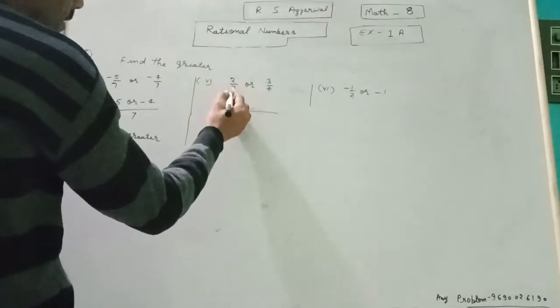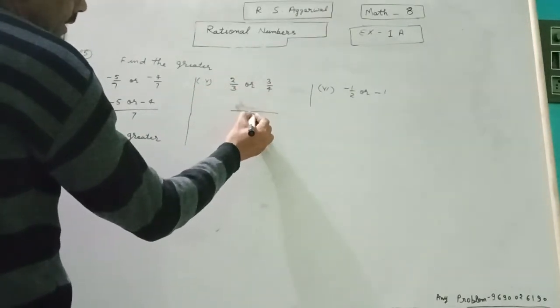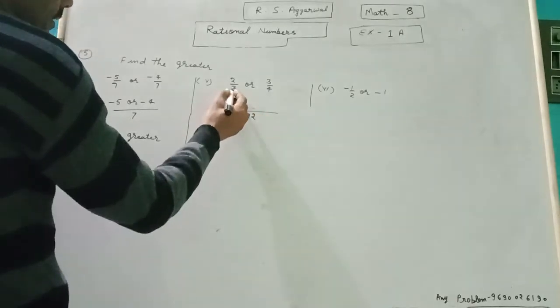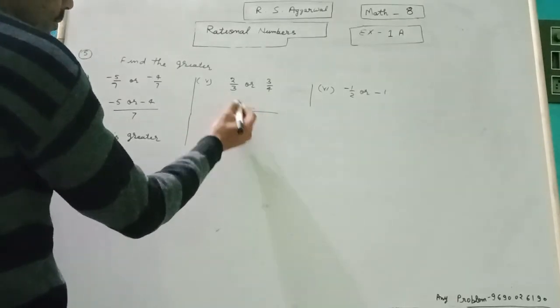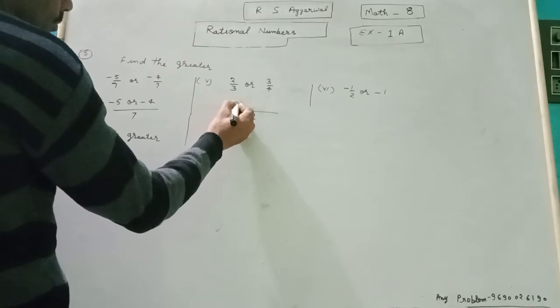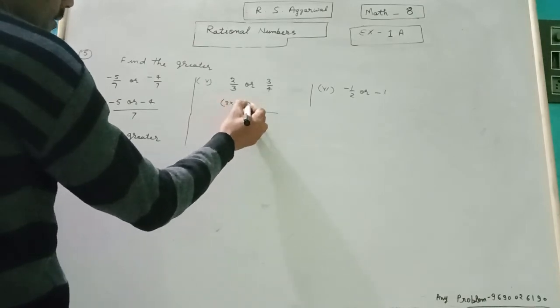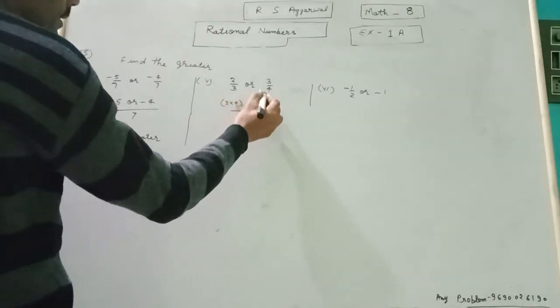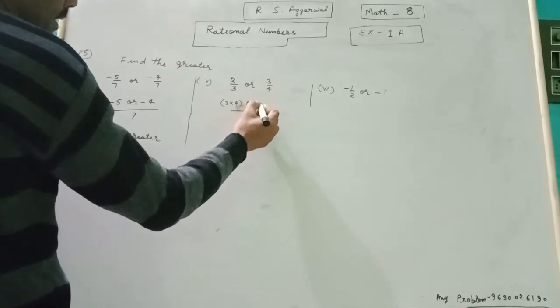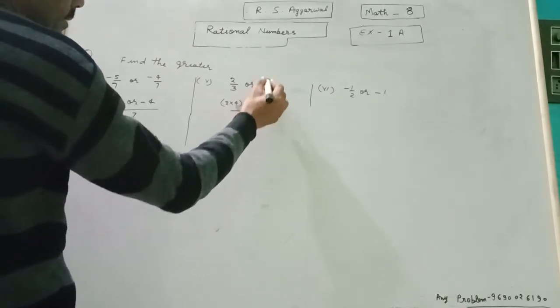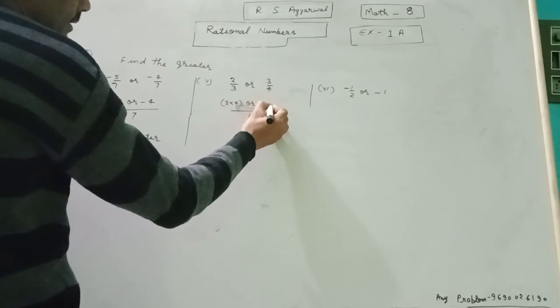Taking the LCM of 3 and 4, LCM will be 12. 12 divided by 3 is 4, multiply 2 into 4. Or 12 divided by 4 is 3, multiply by 3, 3 3s.